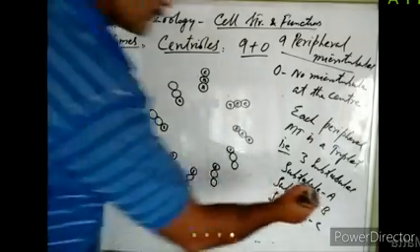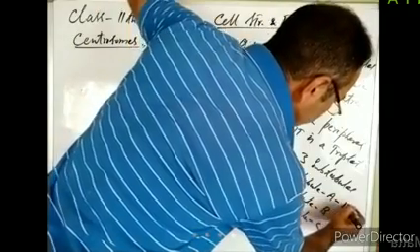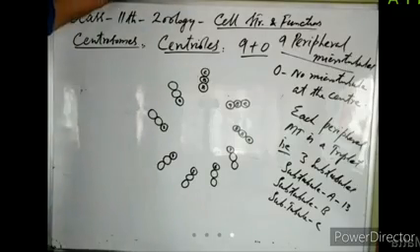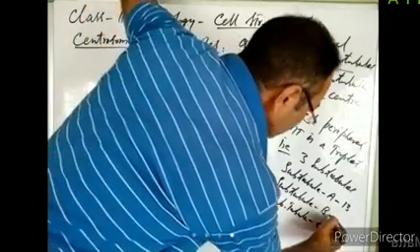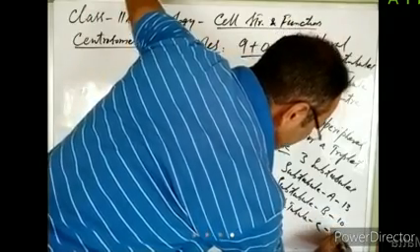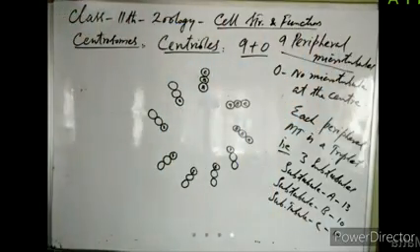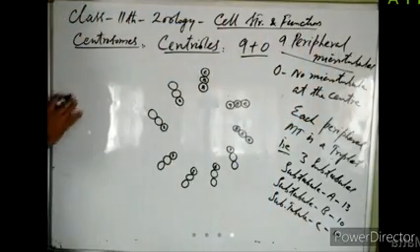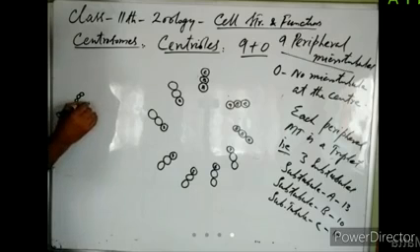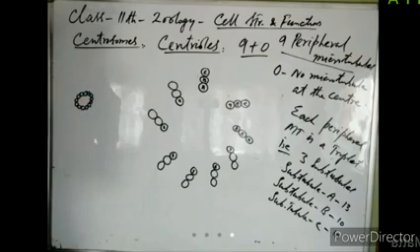Subtubule A is formed of 13 protofilaments. Subtubule B is formed of 10 protofilaments. And subtubule C is also formed of 10 protofilaments. So subtubule A is formed of 13 protofilaments: 1, 2, 3, 4, 5, 6, 7, 8, 9, 10, 11, 12, and 13.